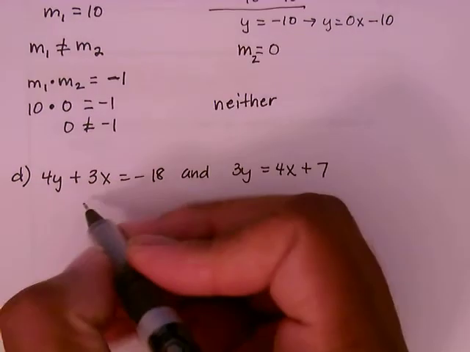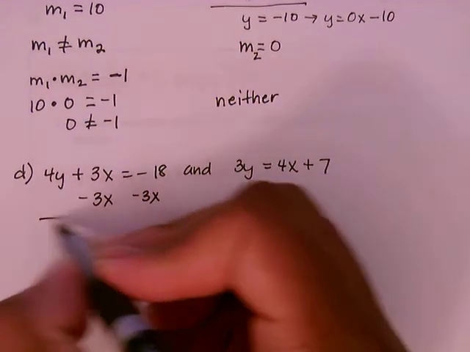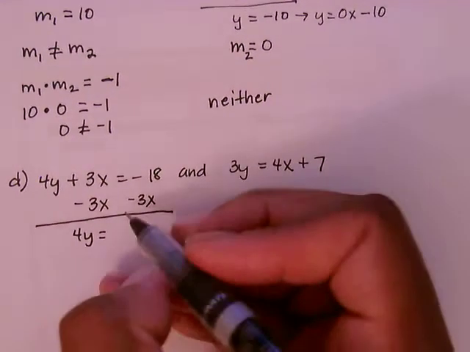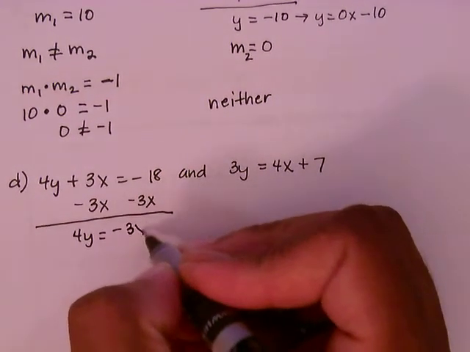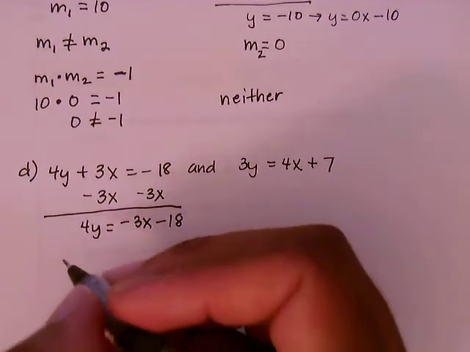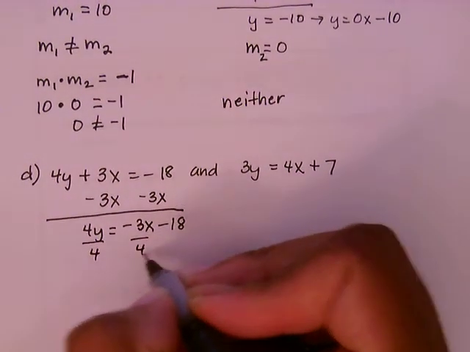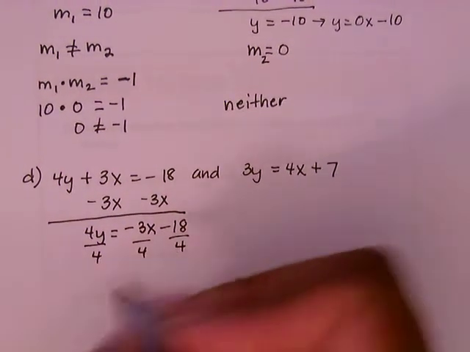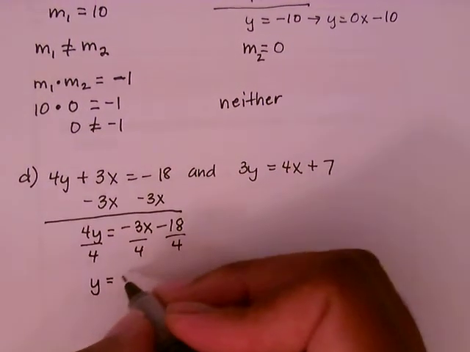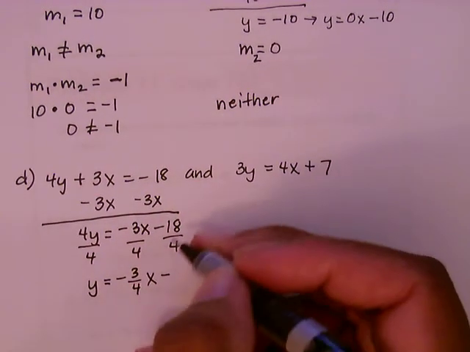I'm adding 3x, so I need to subtract 3x on both sides. So I got 4y is equal to negative 3x minus 18. And then to solve for y, we divide each and every term by 4. So here this will be y is equal to negative 3/4 x minus 18 over 4.